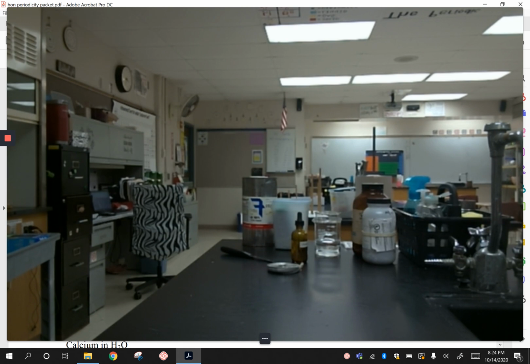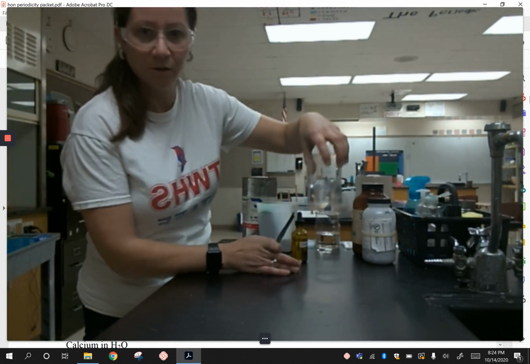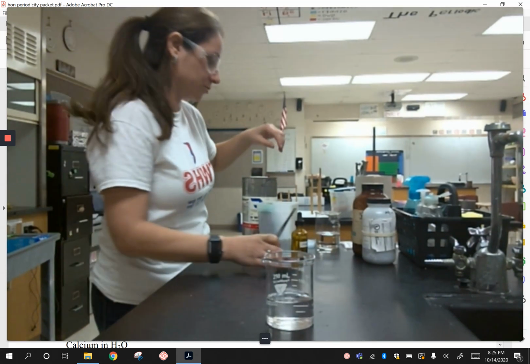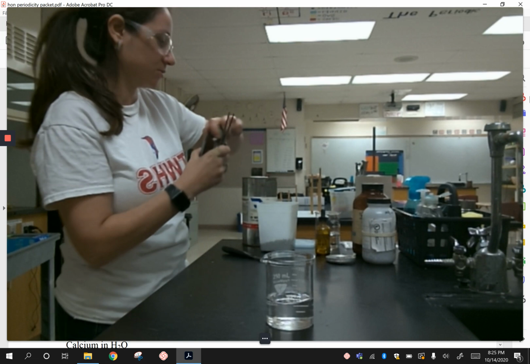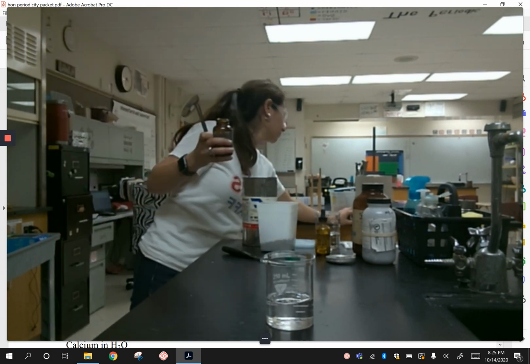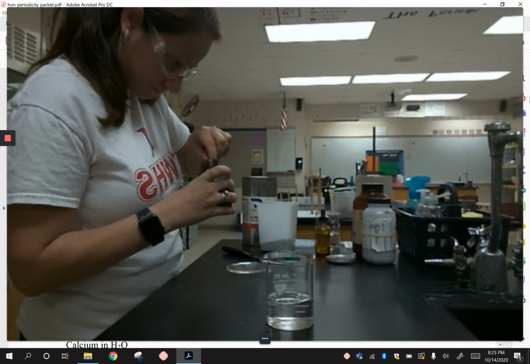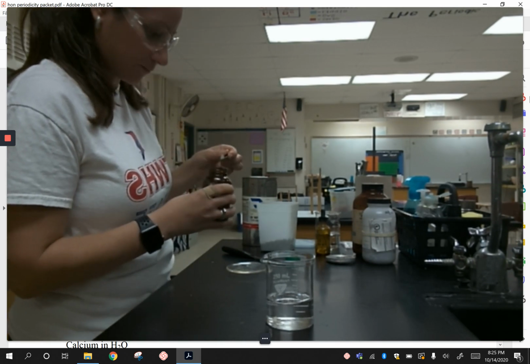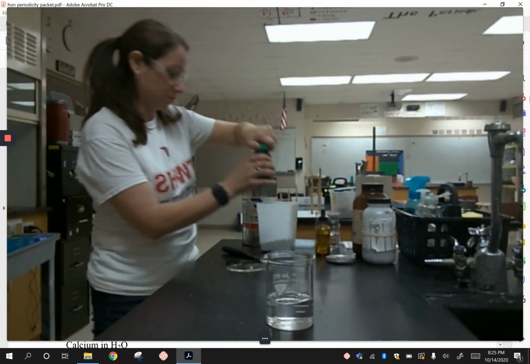So I'm going to next test sodium. So same thing, I'm going to get a beaker that has water in it and also has some of the phenolphthalein indicator. I'm going to take a piece of sodium out. Let's see if I need to cut it. This one's pretty small, so I think it's okay if we don't cut it.